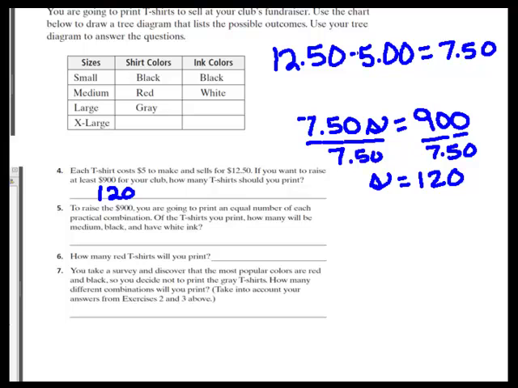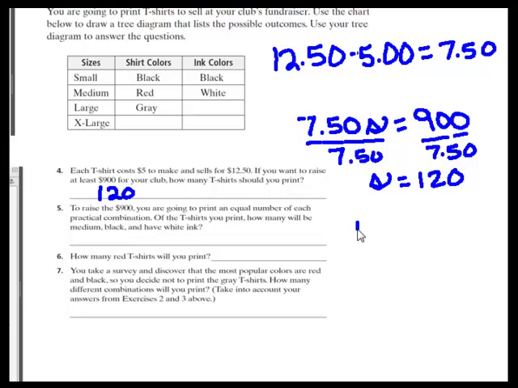Now for number 5, it says to raise the $900, you're going to print an equal number of each practical combination of the 20 shirts you print. How many will be medium black and have white ink? Well, we had 20 combinations, and if we're printing 120 shirts, then 1/20th of 120 would be how many are medium black and have white ink.